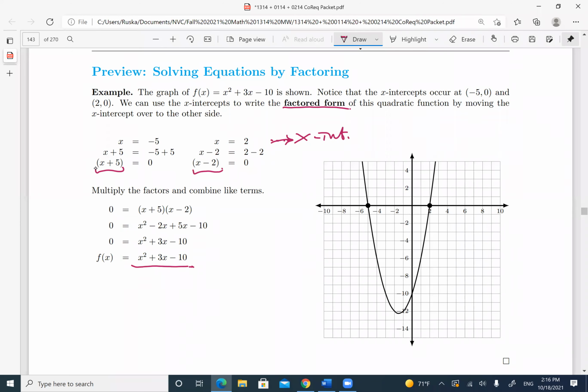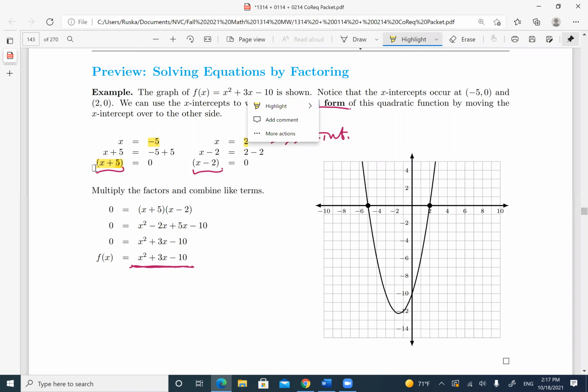The original function can be factored if I use the x-intercepts, put x next to them, and switch the sign. This is what I want you to pay attention to. The x-intercept is -5, the factor is x plus 5.